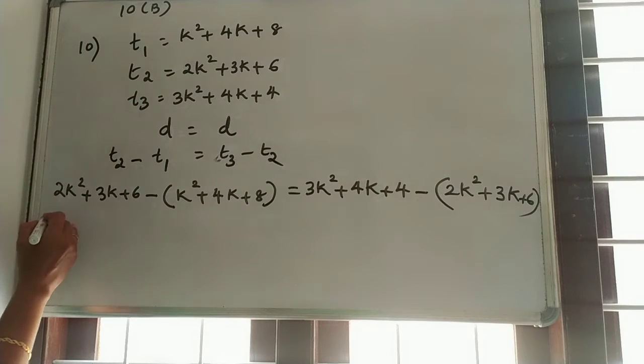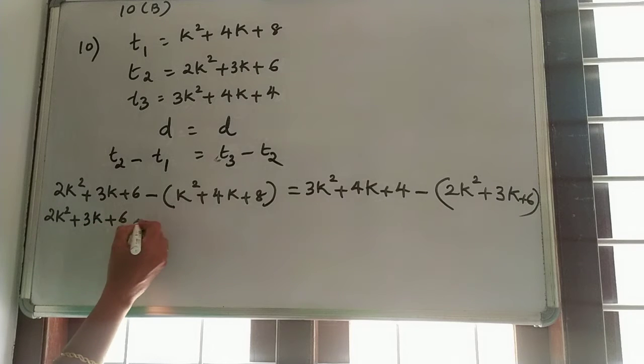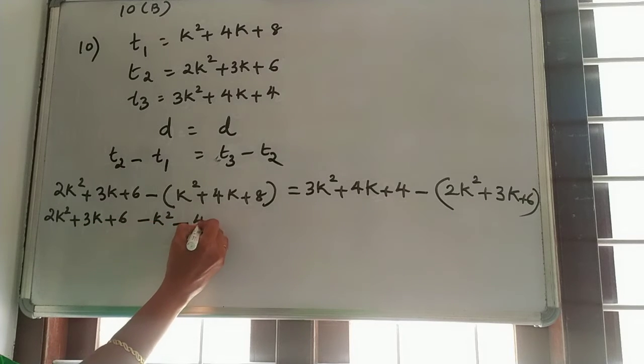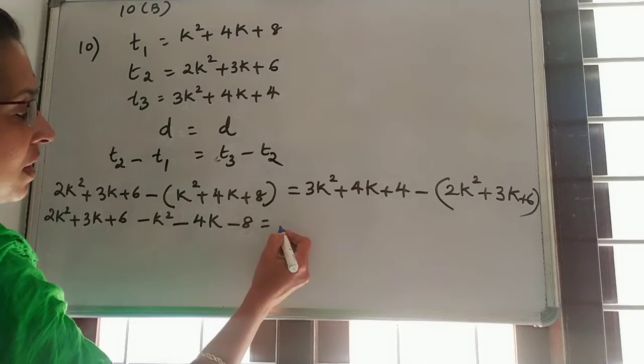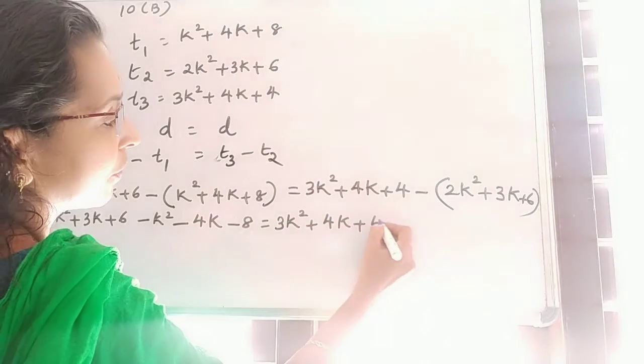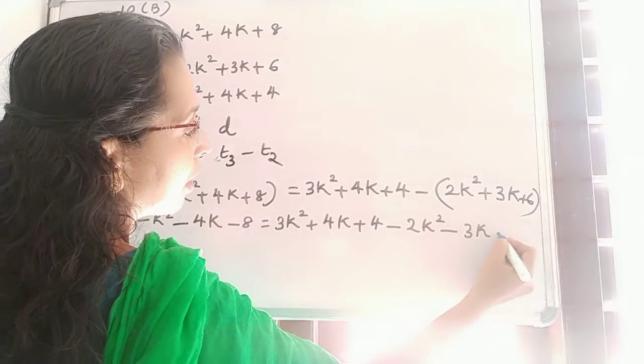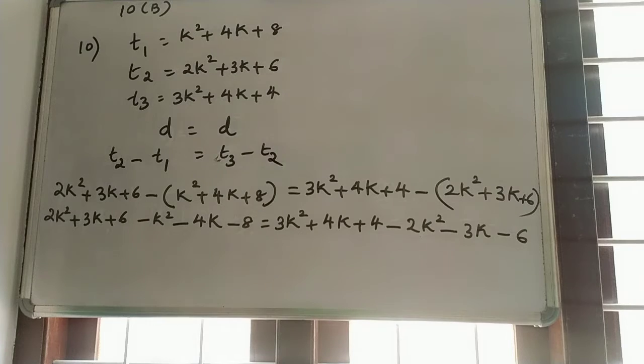Okay, so change the brackets: 2k square plus 3k plus 6 minus k square minus 4k minus 8 is equal to 3k square plus 4k plus 4 minus 2k square minus 3k minus 6. Do the calculation.